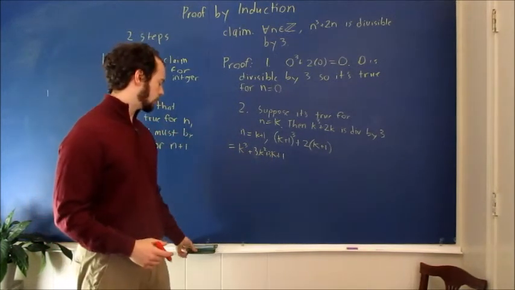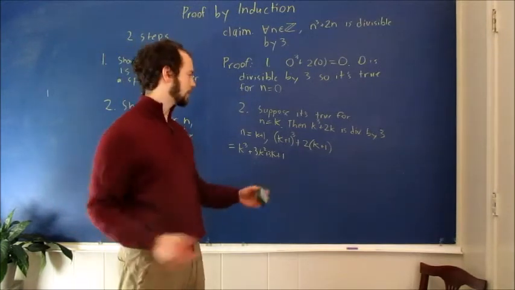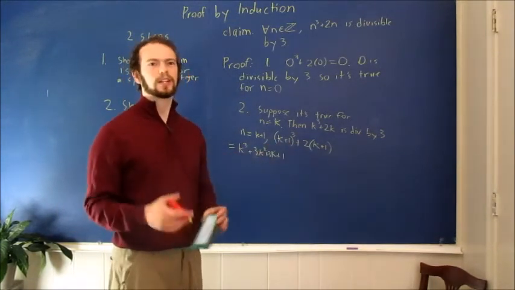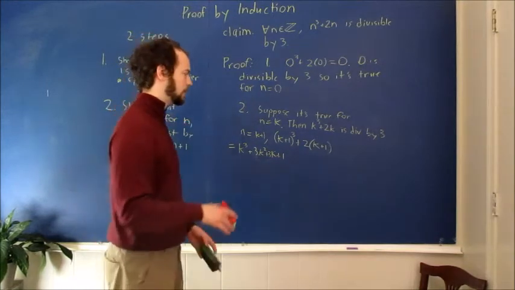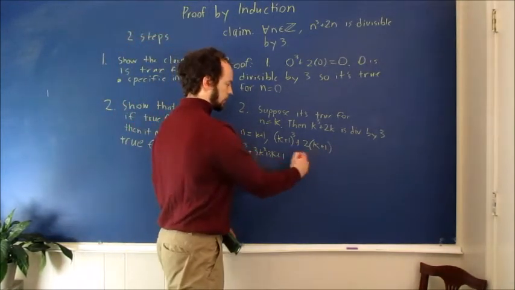You could use the binomial theorem to show that, or you could just do the work, FOIL this out and multiply it by itself 3 times. It's not too bad, but you'll eventually get this. And then I'm going to distribute the 2.